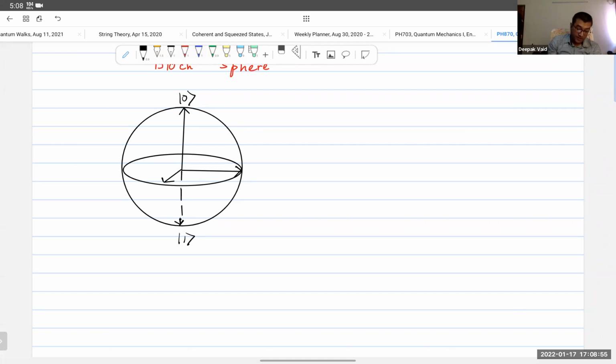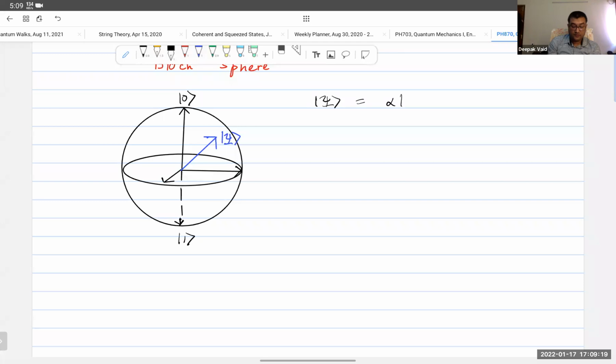And the points on the surface of this sphere, you can have some arbitrary point on the surface of the sphere, and that will correspond to an arbitrary state of your qubit.